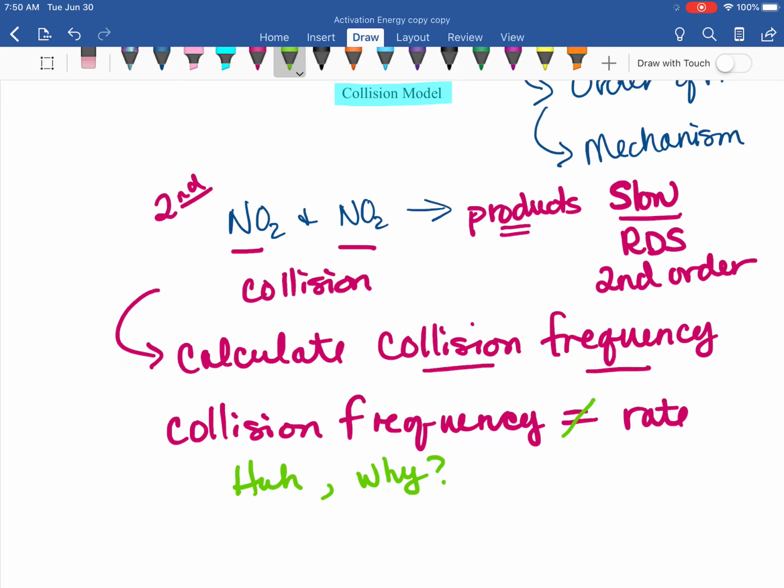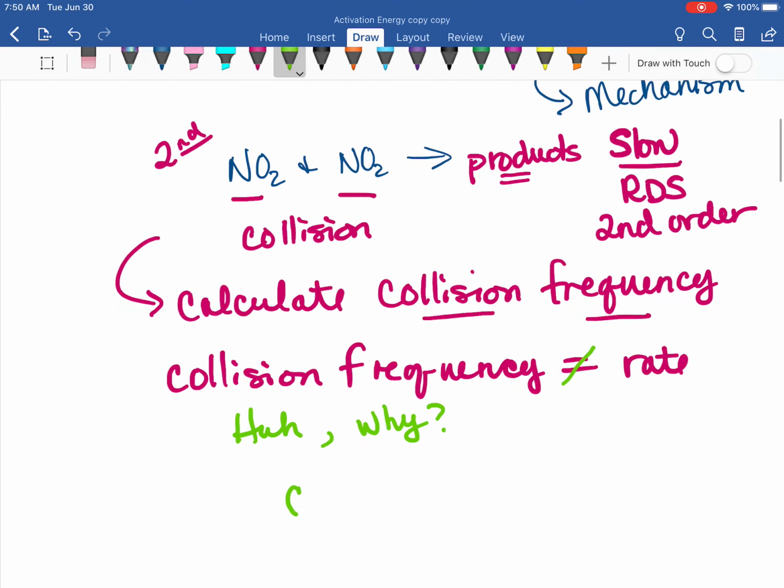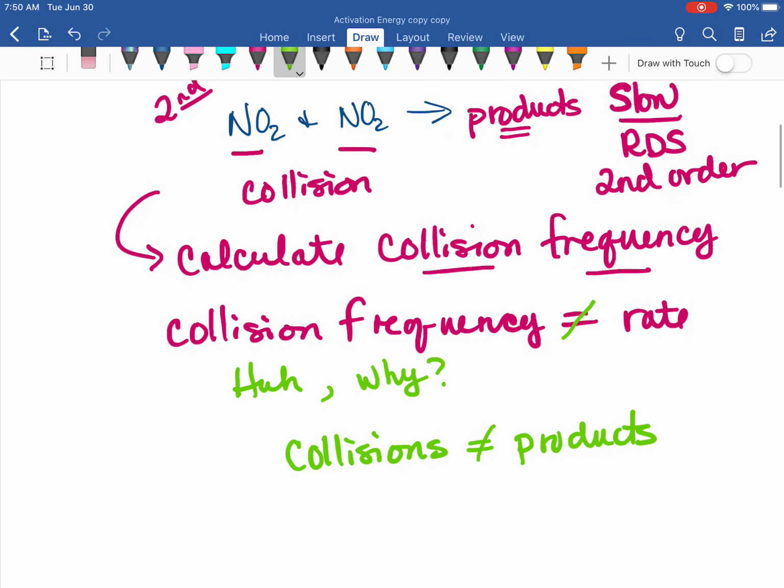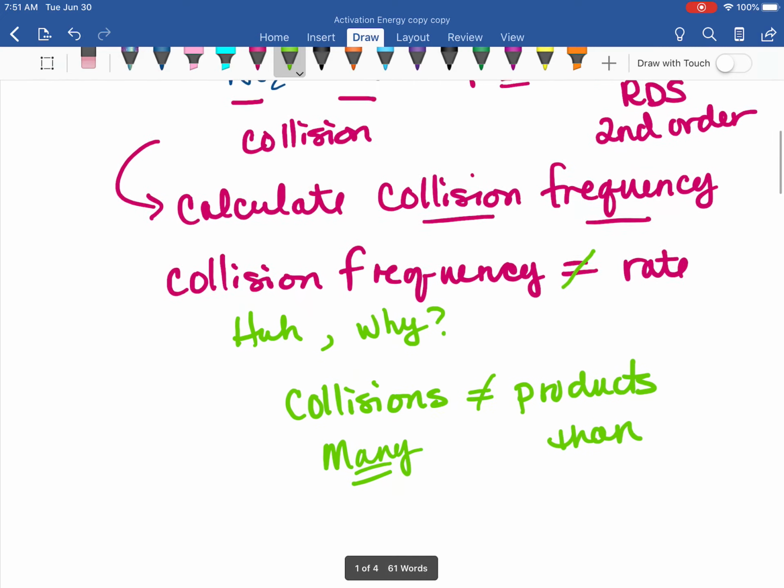If we just figured out we need collisions, why aren't collisions always producing our product? In other words, all of our collisions don't equal forming products. In fact, you have many, many more collisions than products. Okay, why?